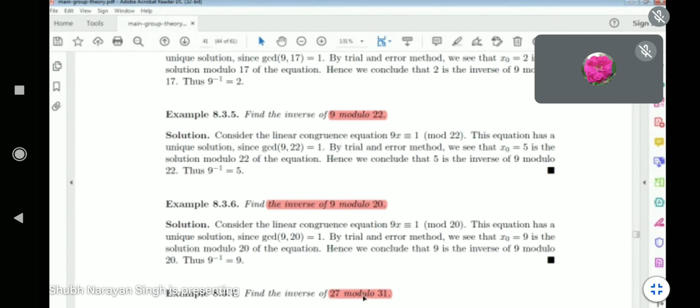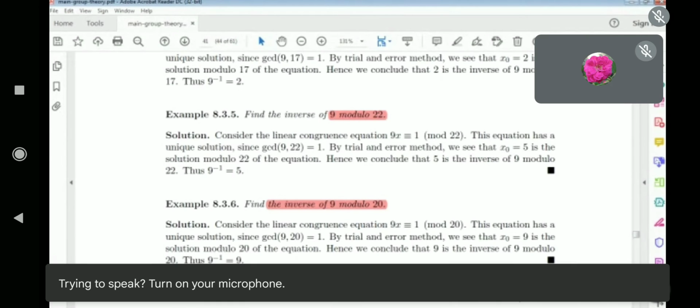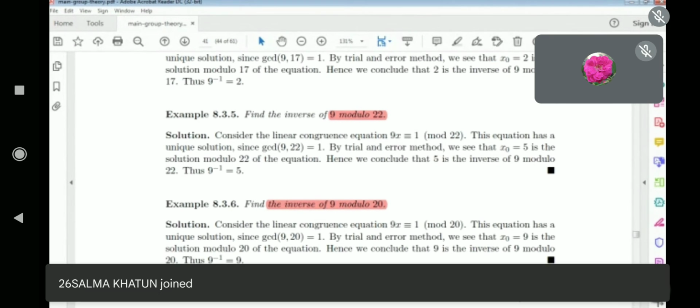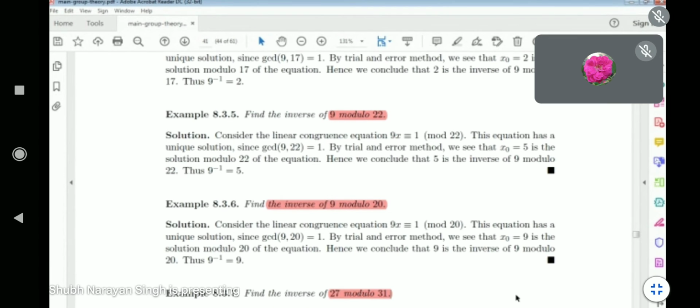What is the inverse of 27 modulo 31? I think it is not easy.